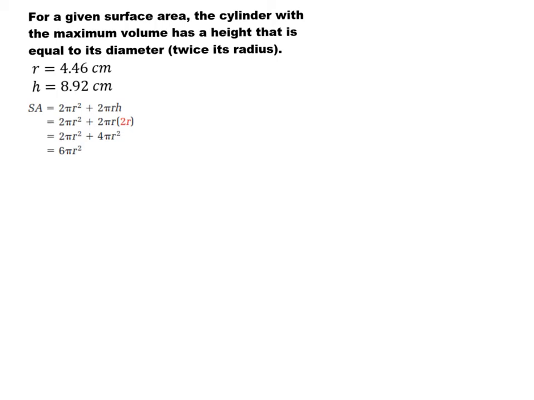The first thing you do is write the formula surface area equals 6 pi r squared. Next, we substitute the given surface area into the formula. We now have the equation 375 equals 6 pi r squared. We're trying to isolate r, we're trying to find the radius, and we can see that 6 pi is multiplied by r squared.